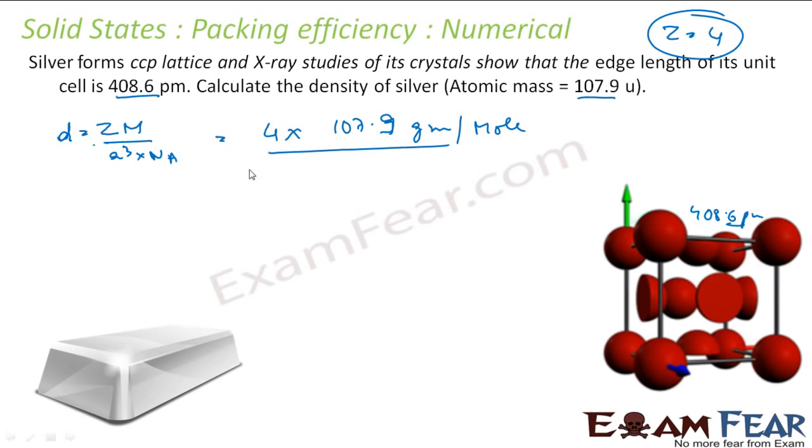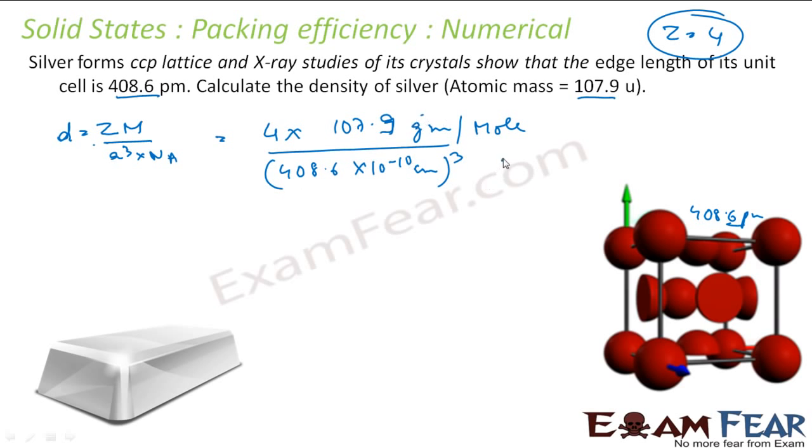By A cube. What is A cube? A is 408.6 picometer. So 408.6 picometer I'll convert into centimeter, × 10^-10 centimeter, cube. Why? Because I want density in gram per centimeter cube. This is gram.